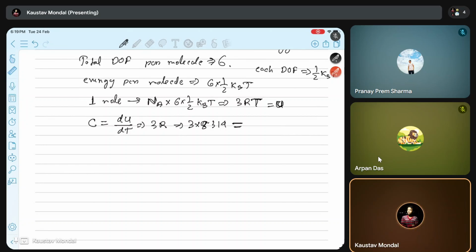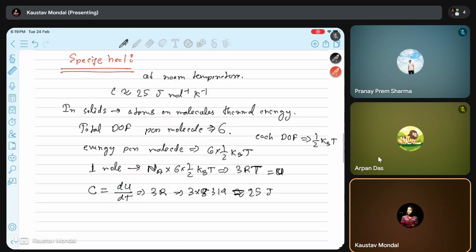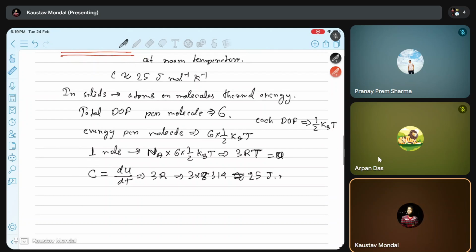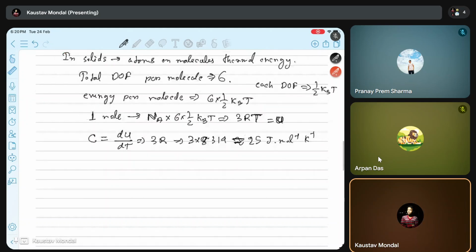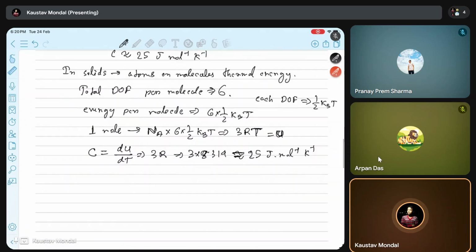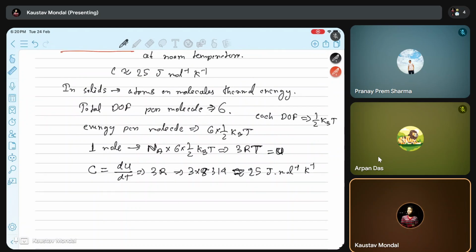Calculate this, it will give you roughly 25 joule per mole inverse Kelvin inverse. So in that way, this Dulong-Petit rule gives a mathematical explanation of how most of the substances show this particular value as a specific heat at room temperature.